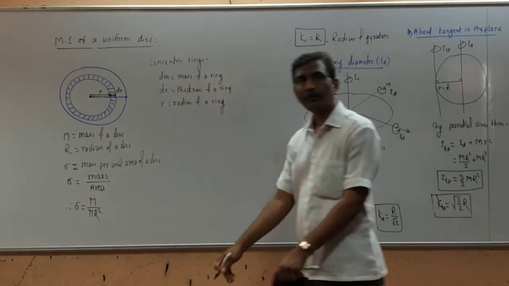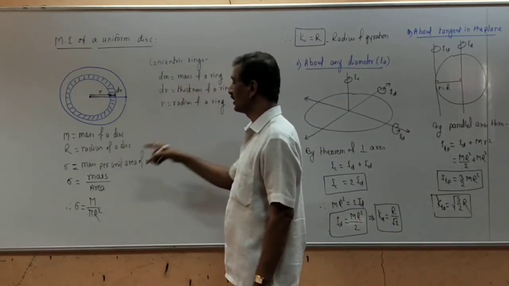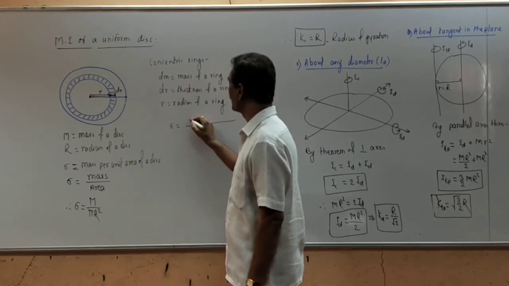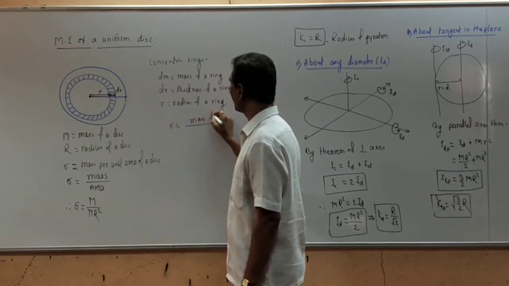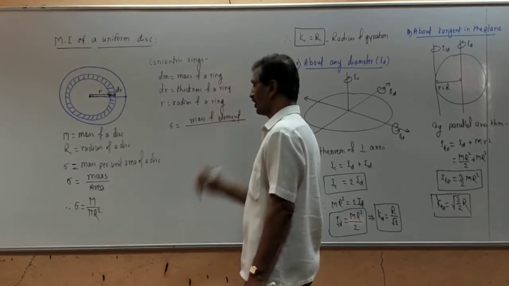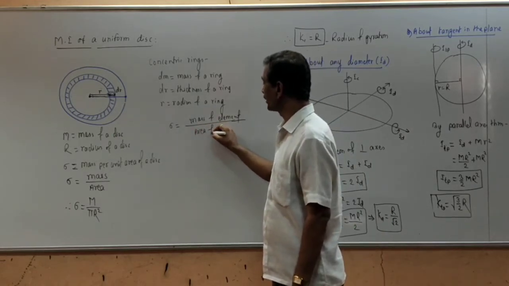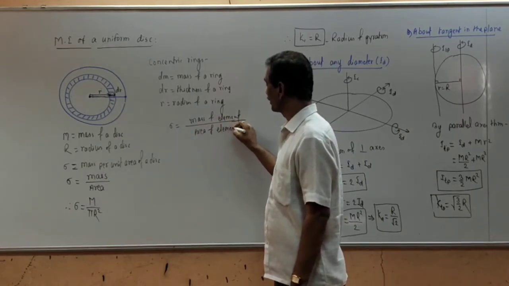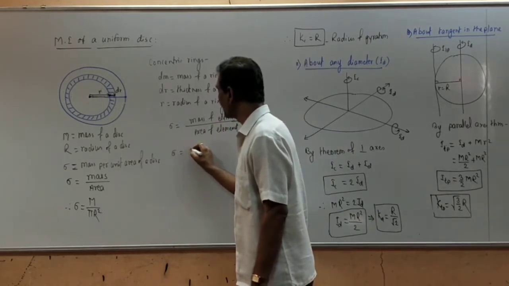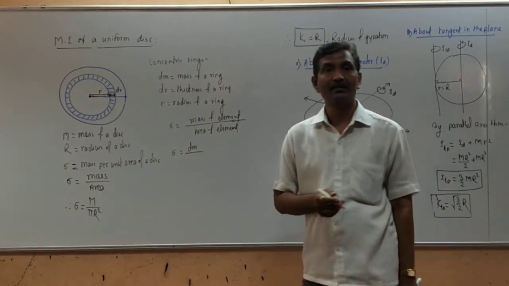So what is the mass of the ring? Apply the concept of sigma. We get sigma is equal to mass of element upon area of the element. Here that element is the ring, so the mass of the element is dm, and the area of the element is what?